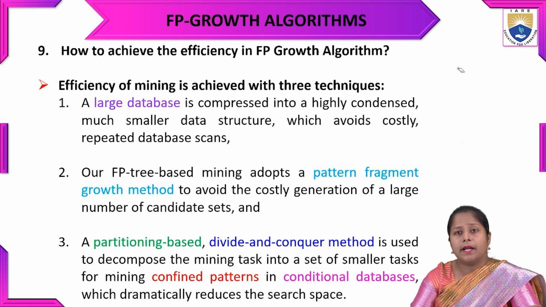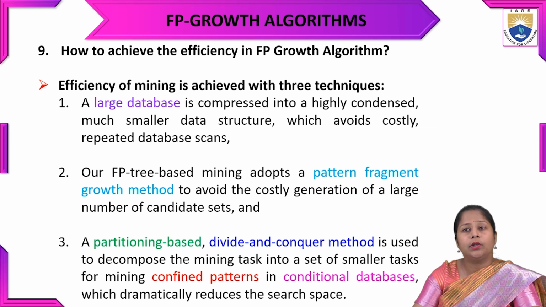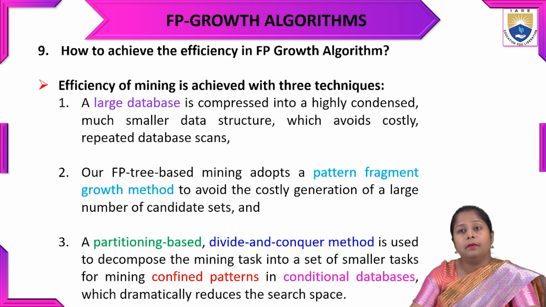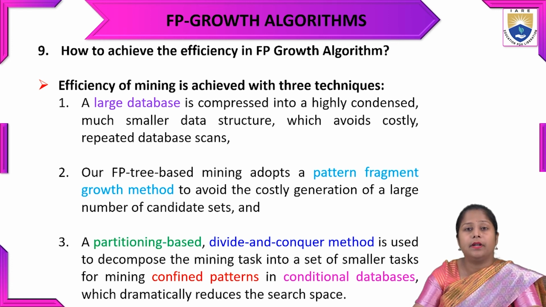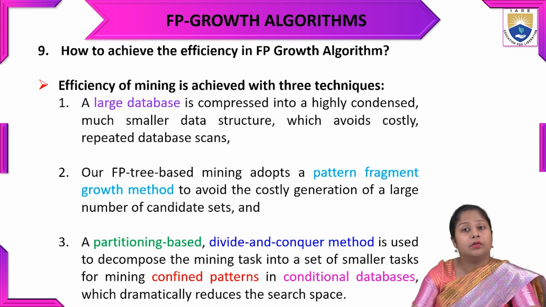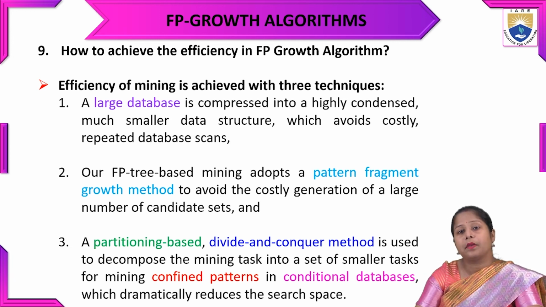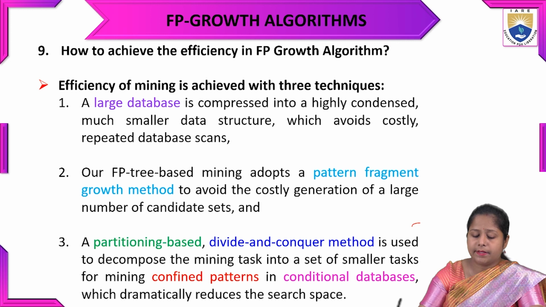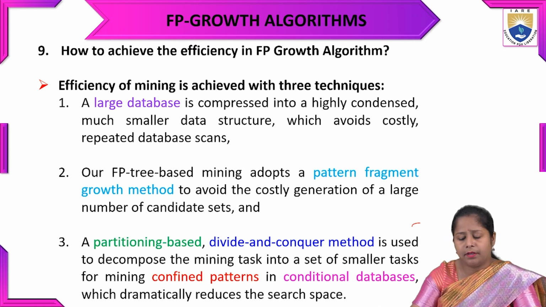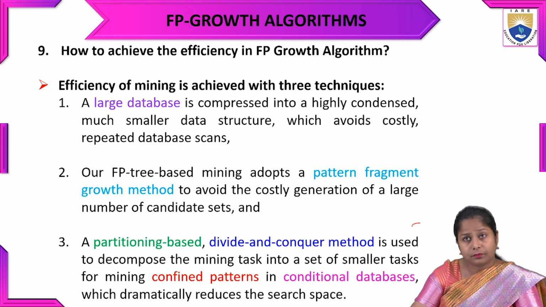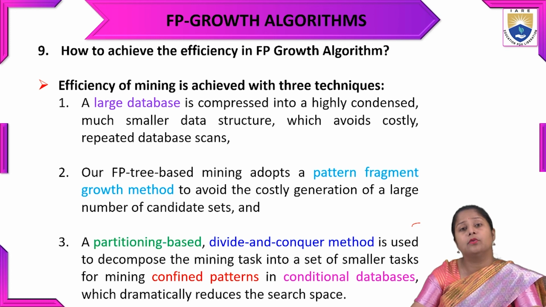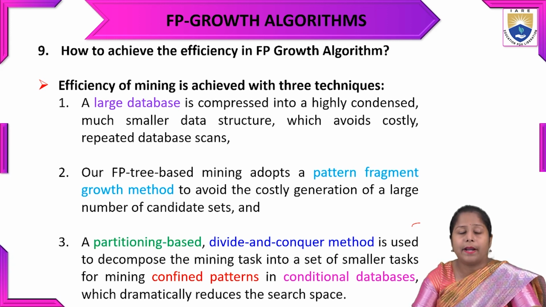The second technique is FP tree based mining, which adopts a frequent pattern fragment growth approach, a method that avoids the costly generation of a large number of candidate keys that was used in the Apriori algorithm. Third, a partitioning based divide and conquer method is used in the FP growth algorithm, because it decomposes the mining task into a set of smaller tasks for mining confined patterns.